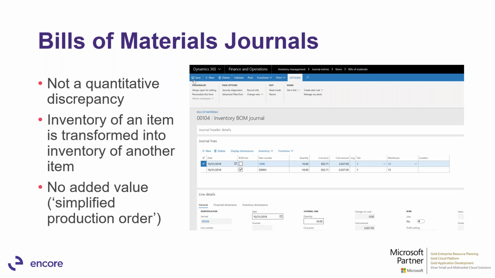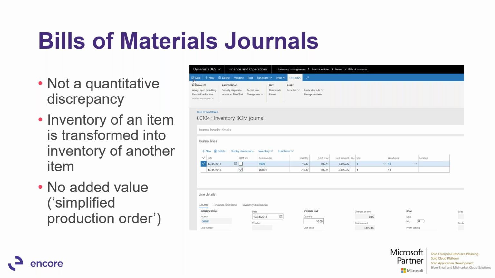Okay. The advantage is that it gives a transaction origin type, BOM journal, and that allows for reporting on these transactions completely separately from inventory adjustments. So you will always know that these adjustments in and out were not inventory control issues.